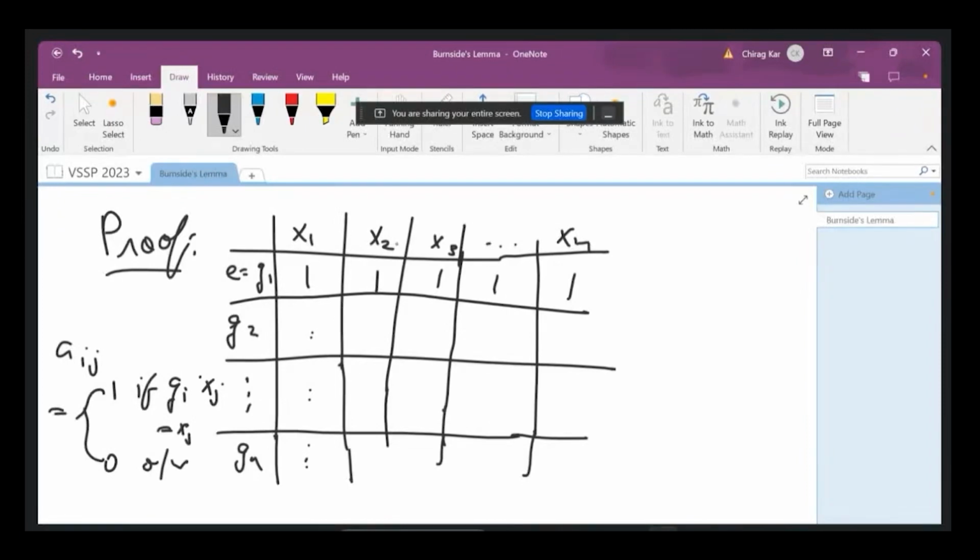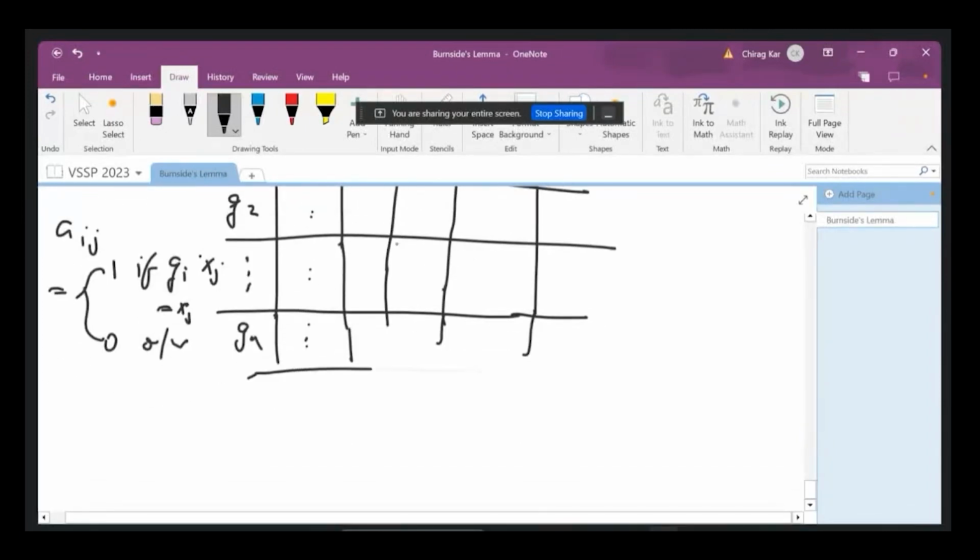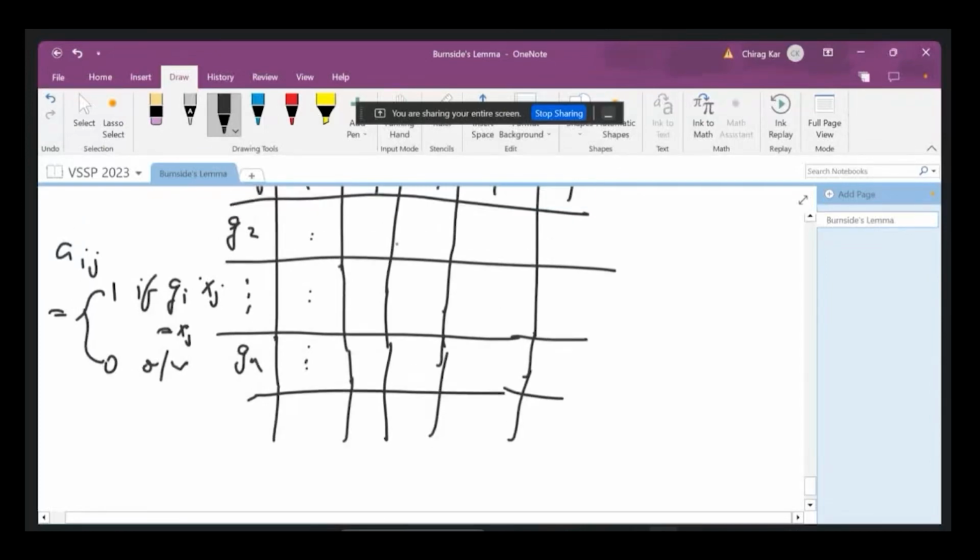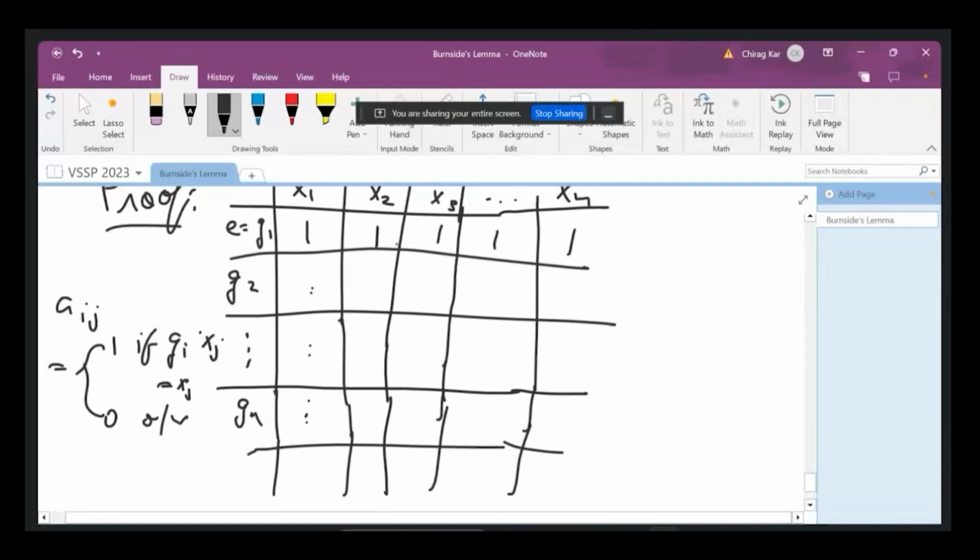Now let's look at what the sums are and write the totals over here. g1 dot x1 is equal to x1, so that is 1, and so on. This is going to be equal to 1 if and only if the element fixes the point. Why? Okay, here is the question.